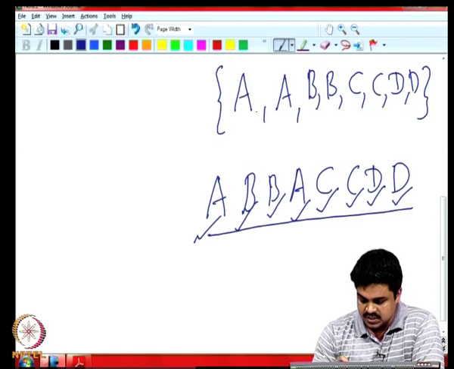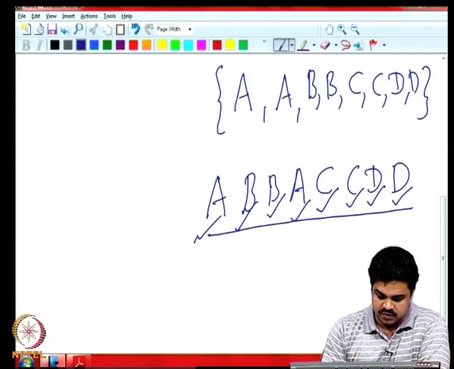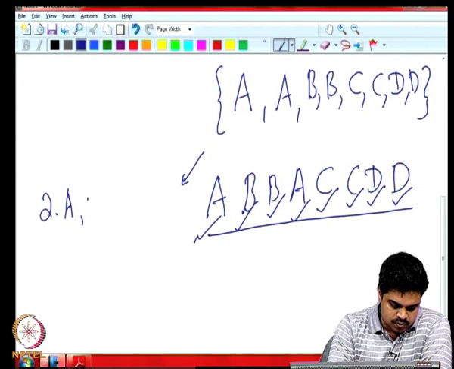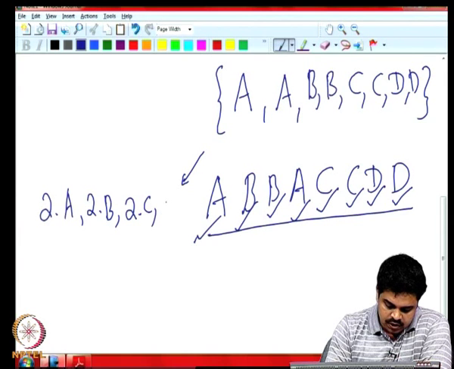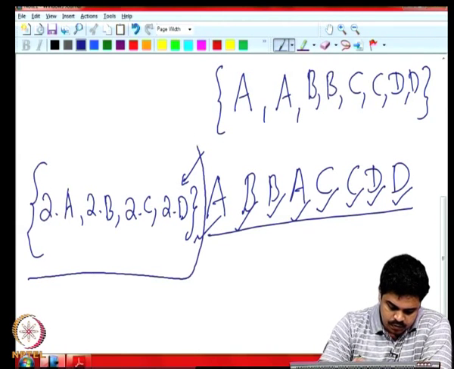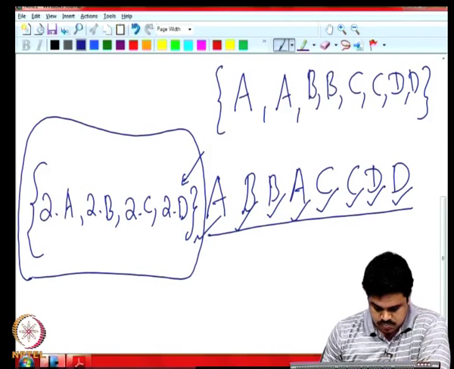Here the multi-set is AA, BB, CC, DD. In our notation, it can be written as 2A, 2B, 2C and 2D.